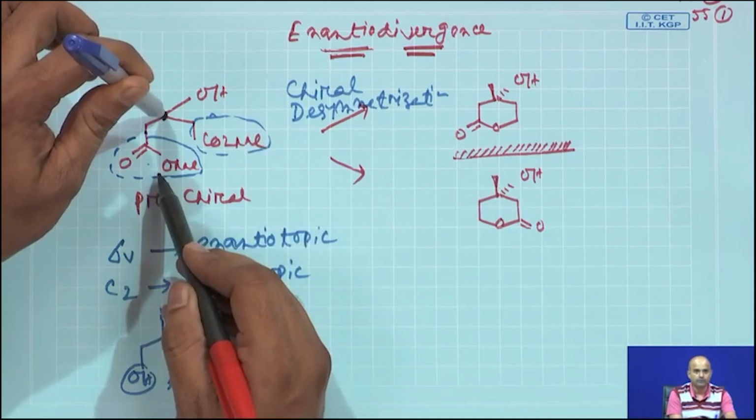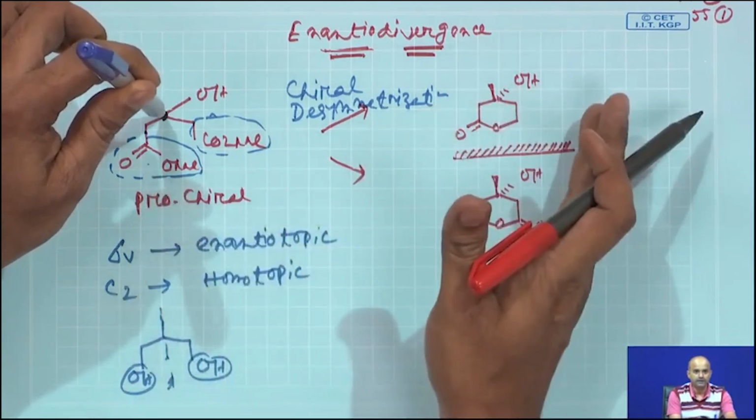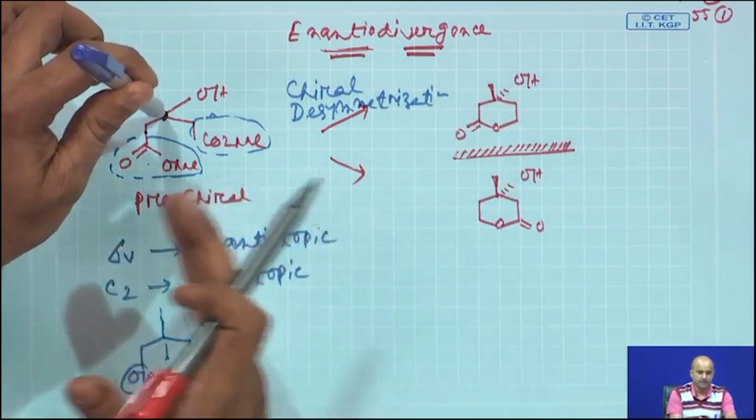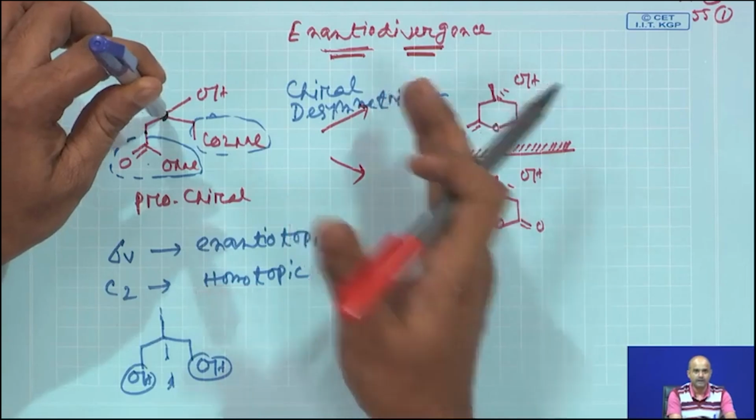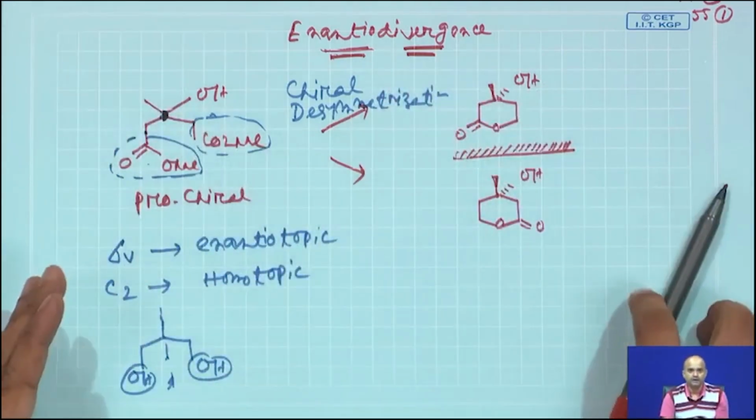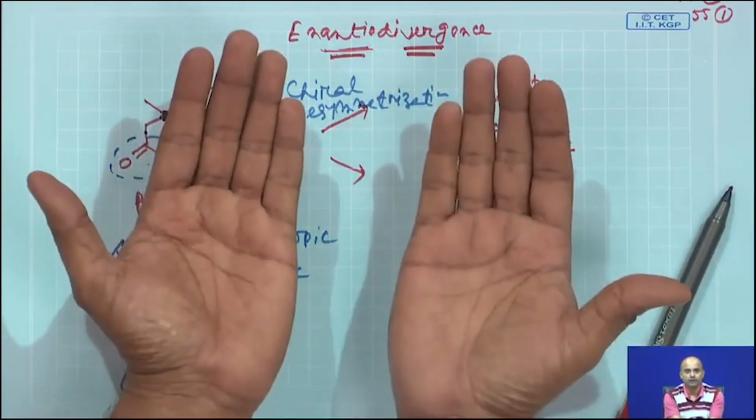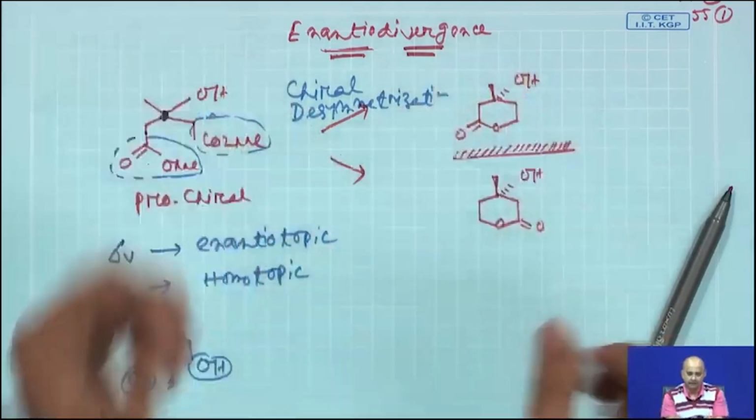So, right hand first, left hand second; left hand first, right hand second. That gives you two enantiomers. What are enantiomers? Right hand and left hand, handedness. Based on this information we will analyze this particular problem.